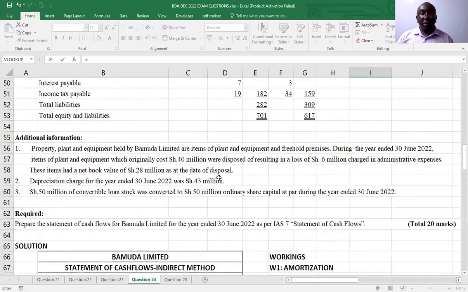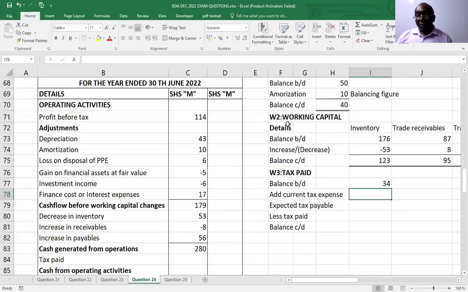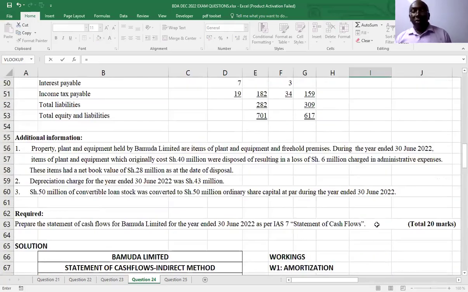Balance brought down hapa kwa current liabilities, where we have the income tax payable, ndio hii 34. We can also get there quickly to a carry down. The carry down iko tu hapo hii 19.